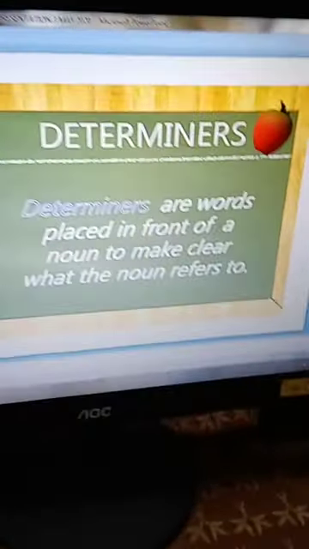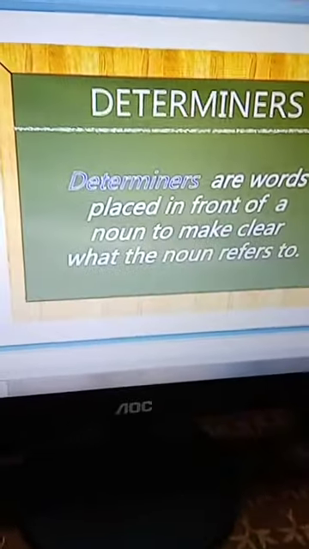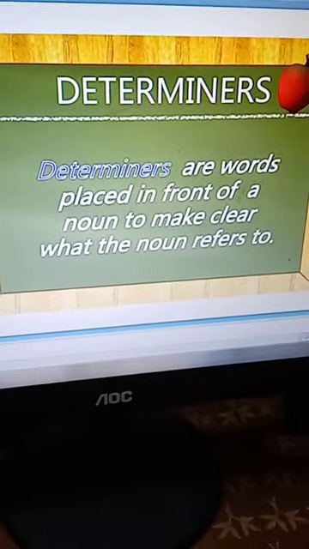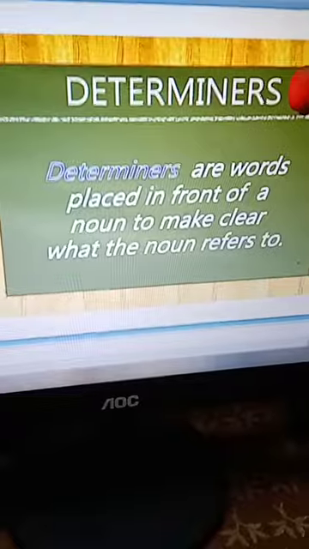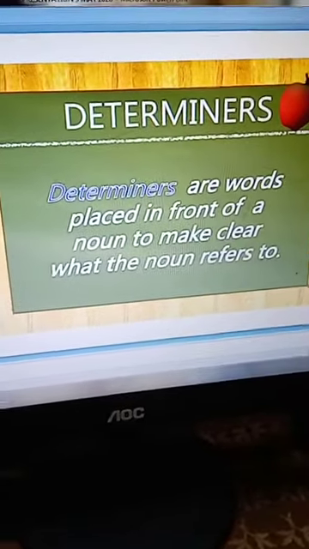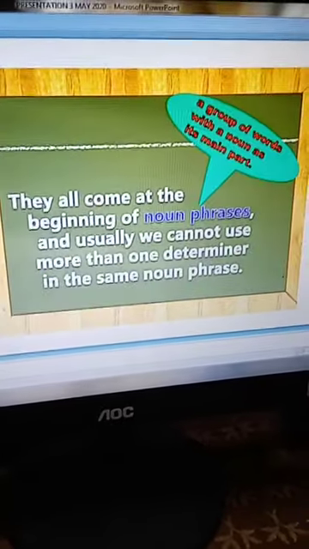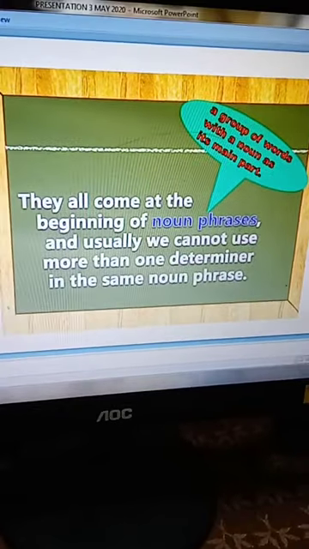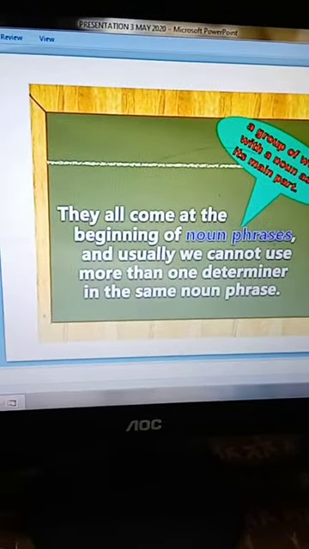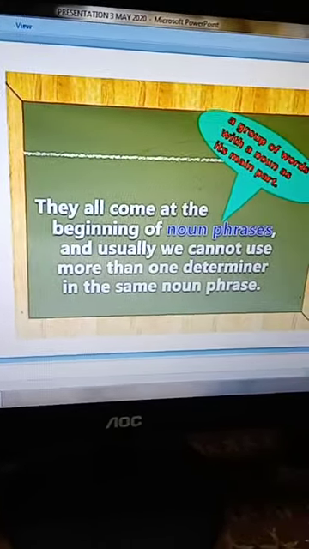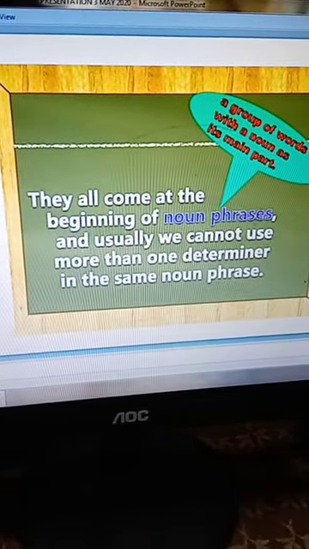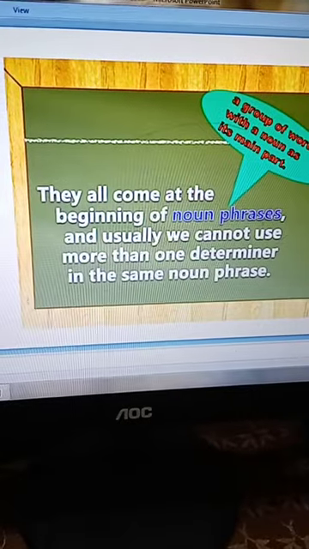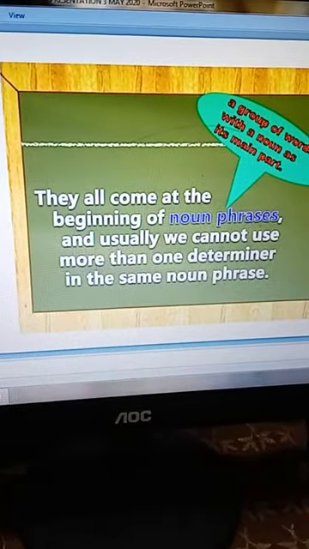Determiners are words placed in front of a noun to make clear what the noun refers to. They all come at the beginning of a noun phrase, and usually we cannot use more than one determiner in the same noun phrase.